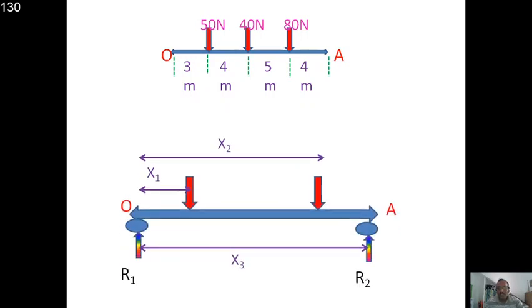Can you identify this system? Please observe that there are reactions given, that is nothing but support conditions, and some of the forces are acting downward. The directions of all forces are parallel. Look at these forces. R1 is parallel to R2, and R1 and R2 are parallel to the given forces F1 and F2.